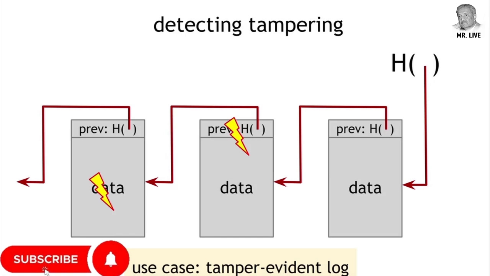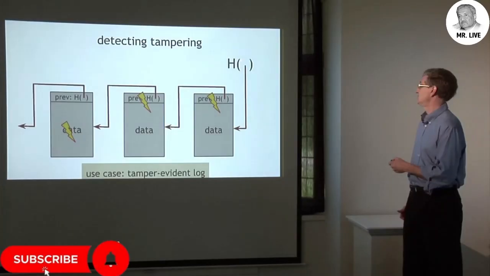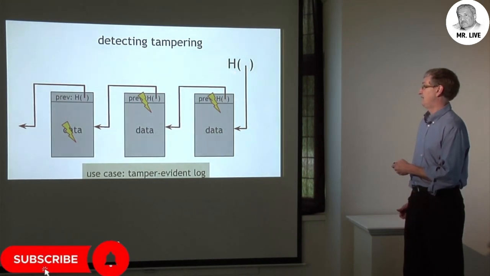And so we're going to detect the inconsistency between the contents of this block and this hash, unless the adversary also tampers with the block over here on the right. But now when he does that, the hash of this block is not going to match the hash that we remembered up here and the hash that we're holding on to. And this the adversary can't tamper with because this is the value that we remembered as being the head of the list.